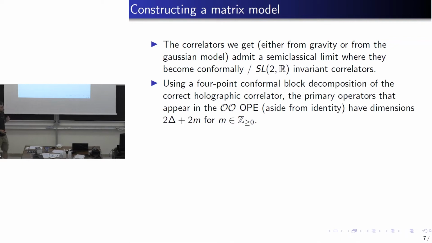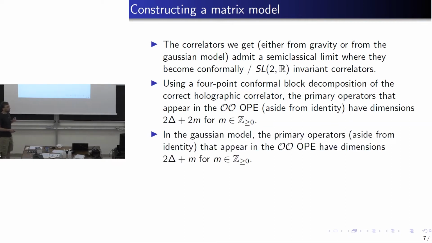Okay, so first let's do 4-point conformal block decomposition of the correct 4-point function. And so what we learned from this is that the primary operators that appear in the OPE, aside from the identity, have dimensions 2 delta plus a non-negative even integer. This is what you also might be familiar with from generalized free fields in 1D CFT.